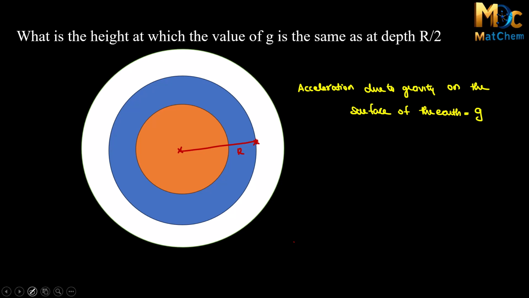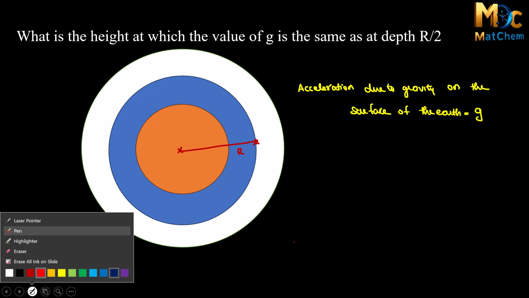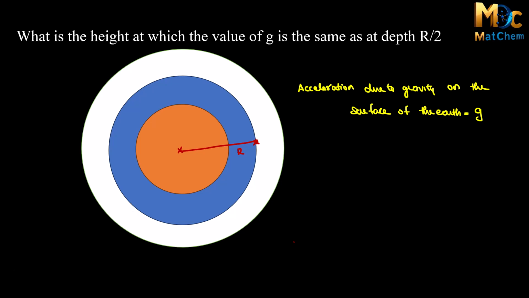Now let the brown color indicate the interior of the earth. Let it be at a depth of d.